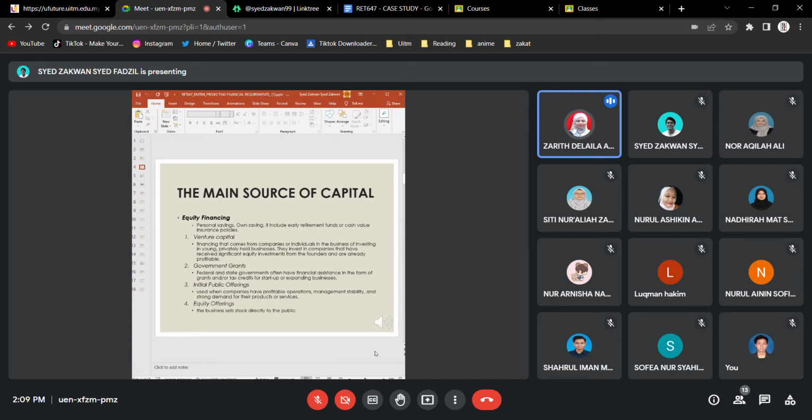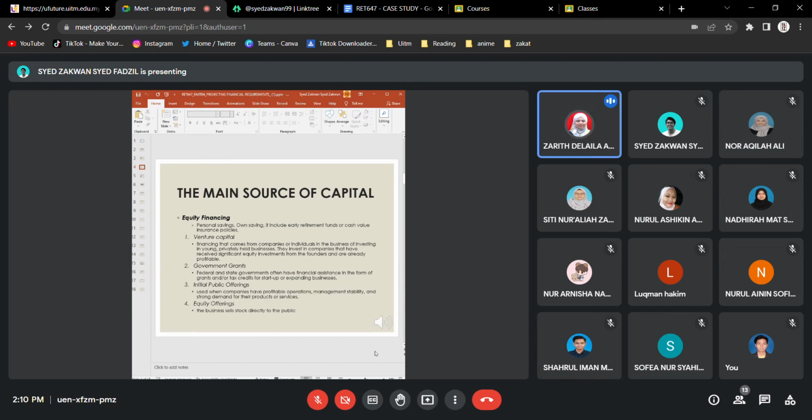Itu under equity financing. Ataupun, we can get from the venture capital. This venture capital is actually the financing that comes from the company or individual in the business that is interested to invest in our business. Contohnya mungkin ada other parties, ada individu ataupun ada company yang interested to invest in our journey, dan dia boleh invest in our business. Ini adalah venture capital.